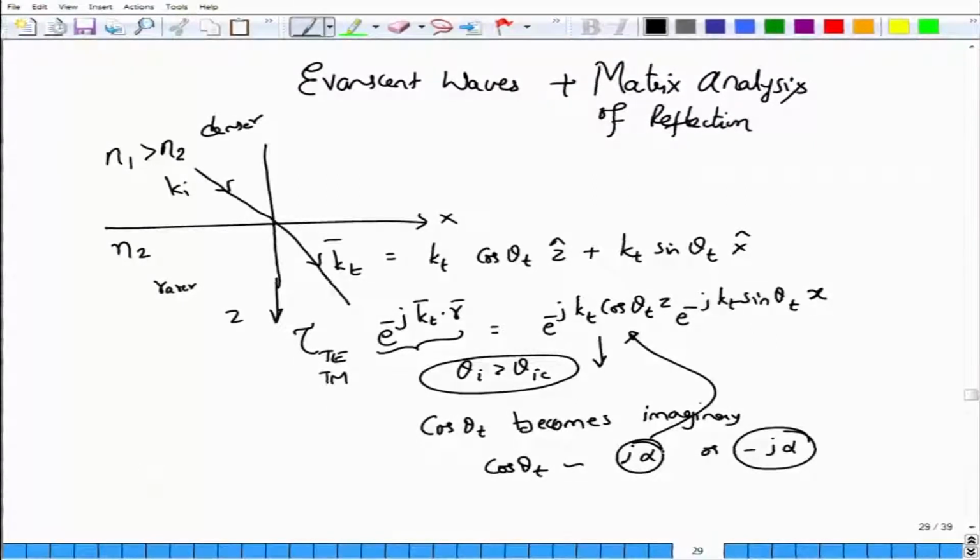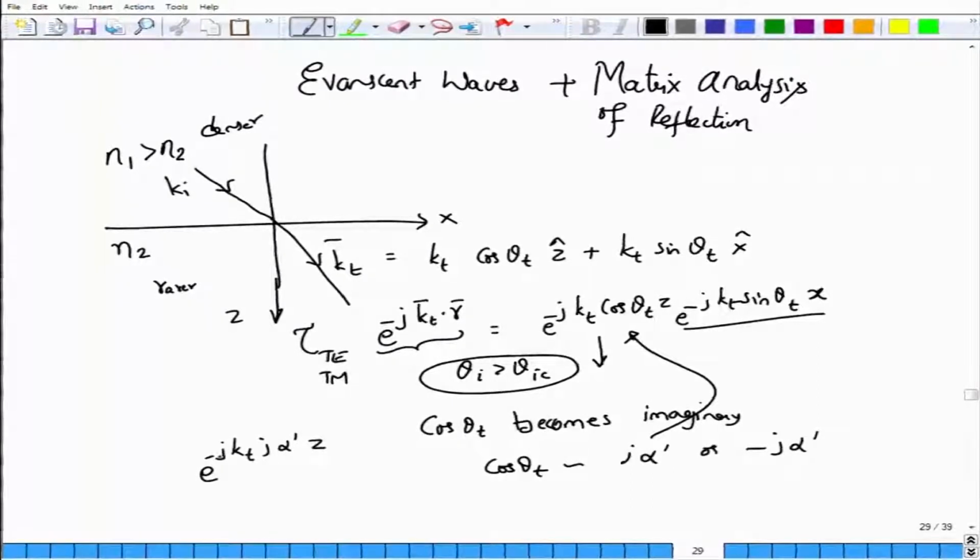Not alpha, let us put a different term for this. So, instead of plus j alpha, minus j alpha, let me call this plus j alpha prime and minus j alpha prime. When I substitute that back into the term e power minus j Kt cos theta t into z, what happens to x is not really important because sin theta t is not getting imaginary. So, what happens to this one? You have e power minus j, now Kt is as it is, cos theta t has become complex, so I will put j alpha prime into z.